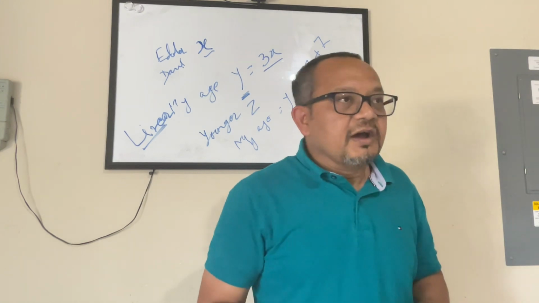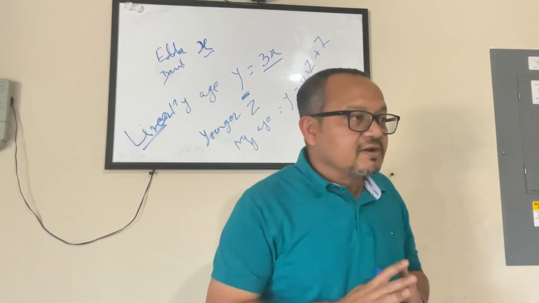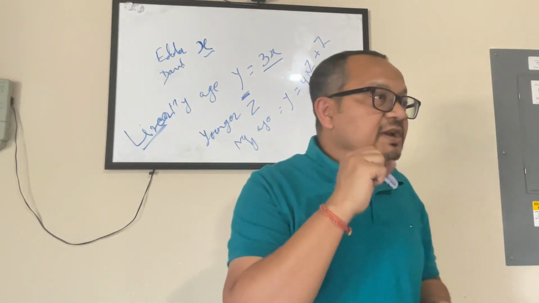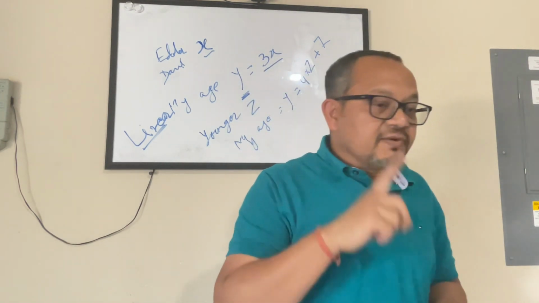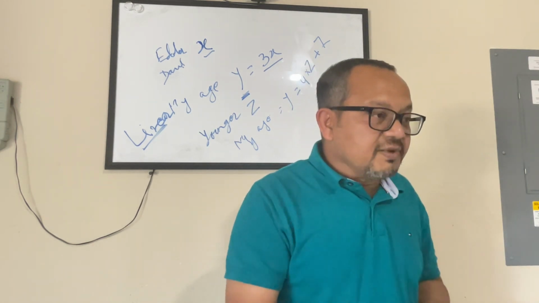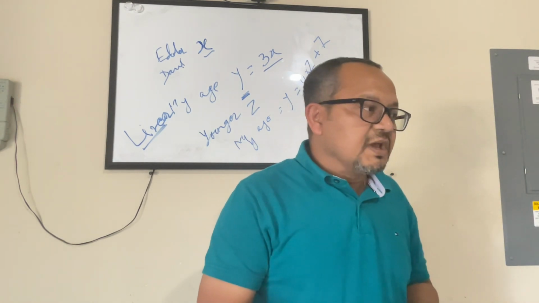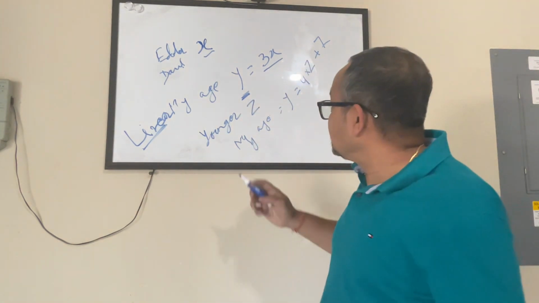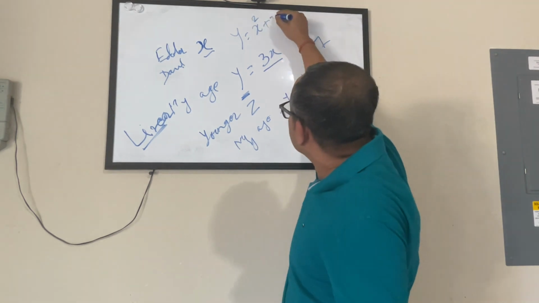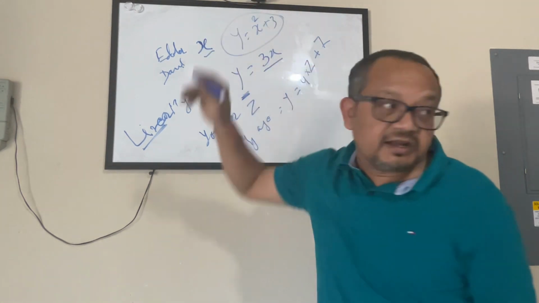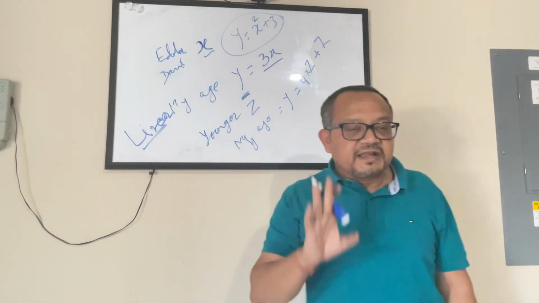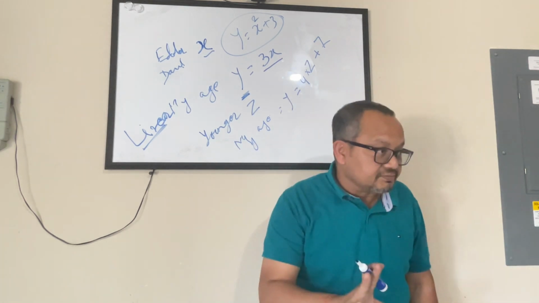If you want to be more specific, always keep in mind that when you're talking about a linear relationship, you will never ever have the power of any of the variables more than 1. If you see an equation which says y equal to x square plus 3, this is not a linear relationship.